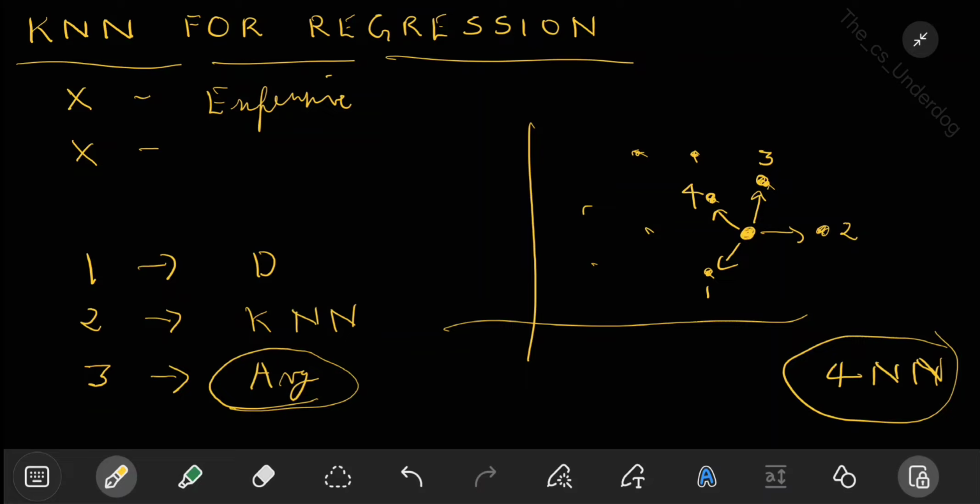And what is the second negative? We discussed that it's not suitable for large data sets, and it holds the same for regression as well. If your data set is large, you have to find the distance to all those points, which is again difficult. And the last point that we discussed is bias.